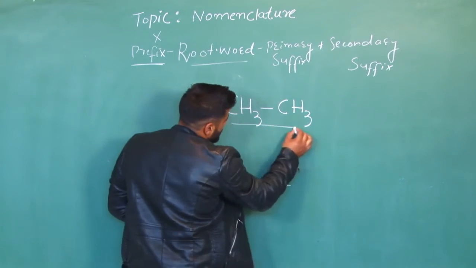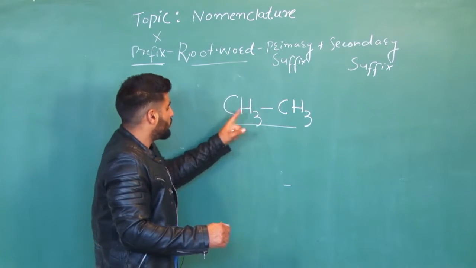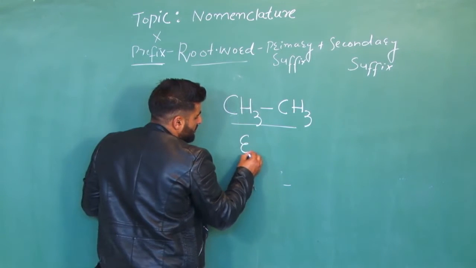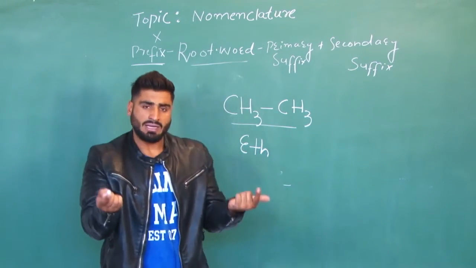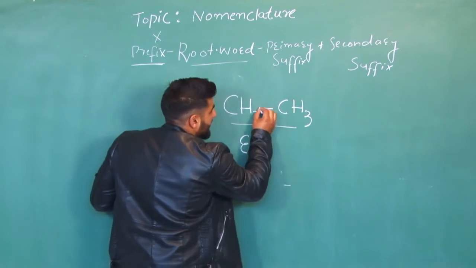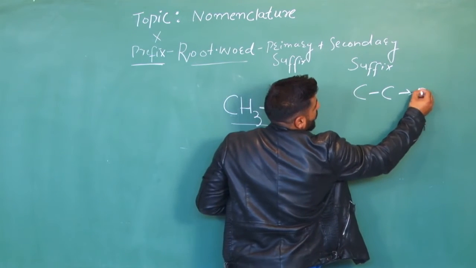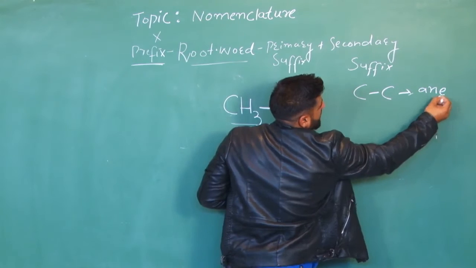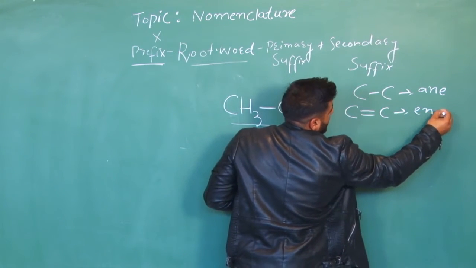Only a single carbon chain, that will be the principal chain. Now the root word: for 2 carbon atoms, we use the root word eth. Now, there is only a carbon-carbon single bond linkage. So for a carbon-carbon single bond linkage, we use the primary suffix ane. For a double bond, we use ene.